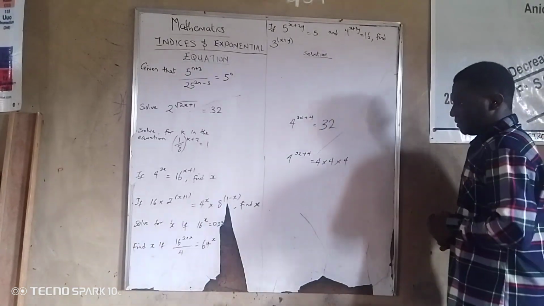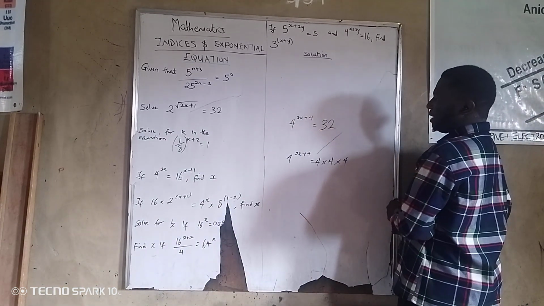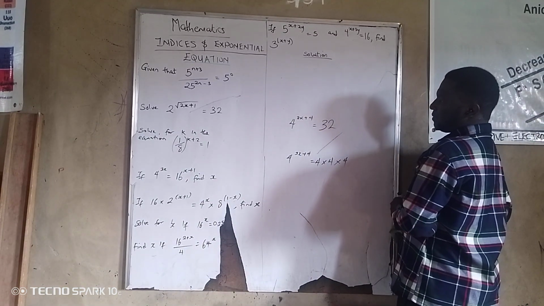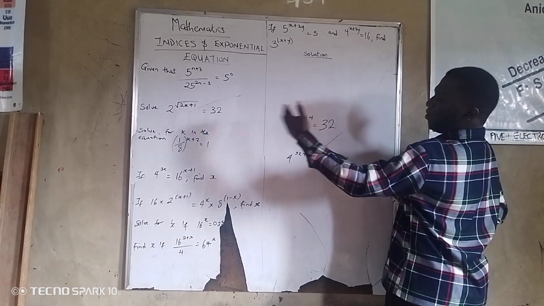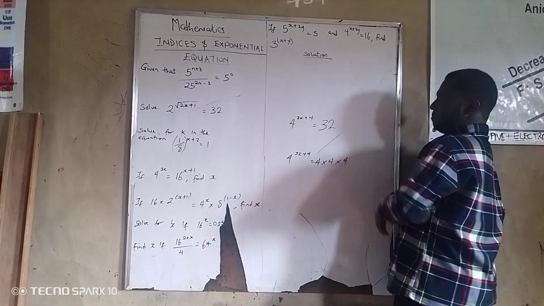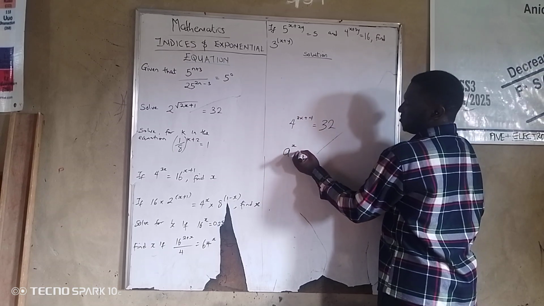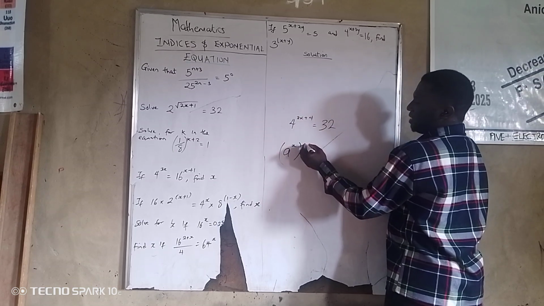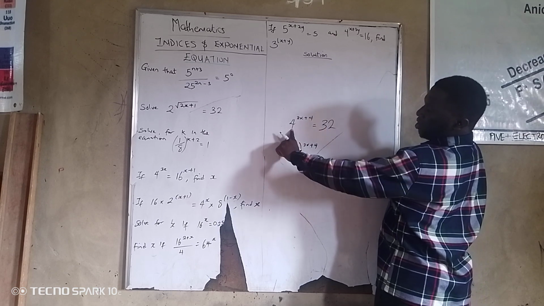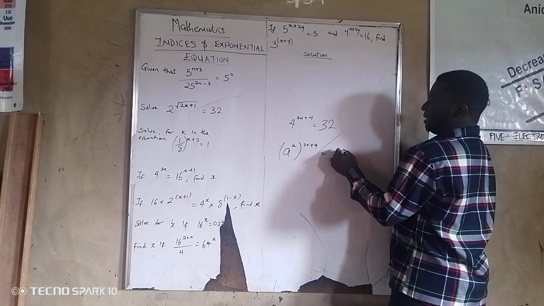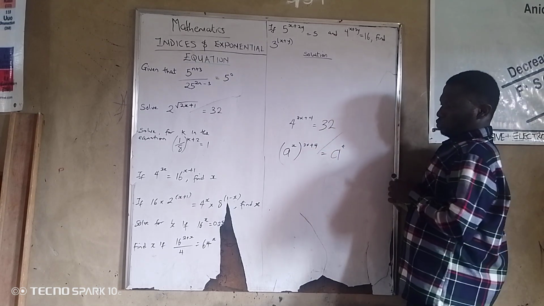Alright, so what you do next is think of another way of going about it. Is there a way you can express this as a power of a number and this as a power of the same number? That's like in the form a raised to power something, then 3x plus 4, where a raised to power something will be 4, and then a raised to another power will be exactly 32.